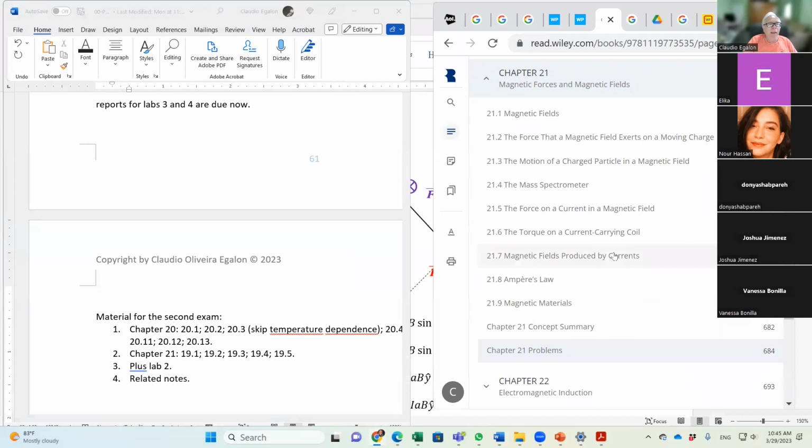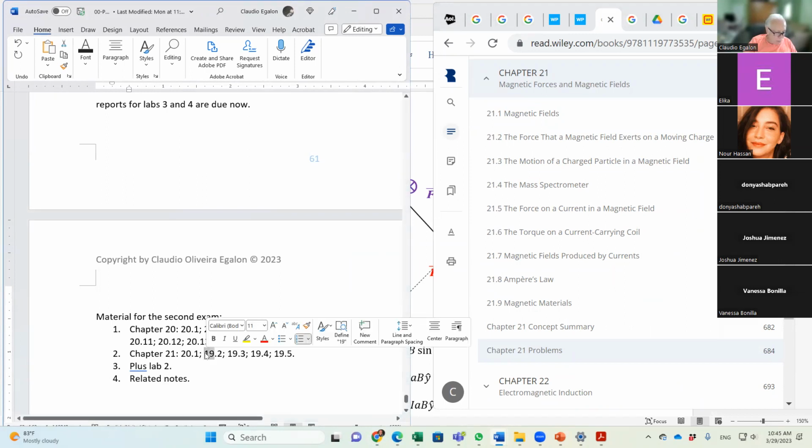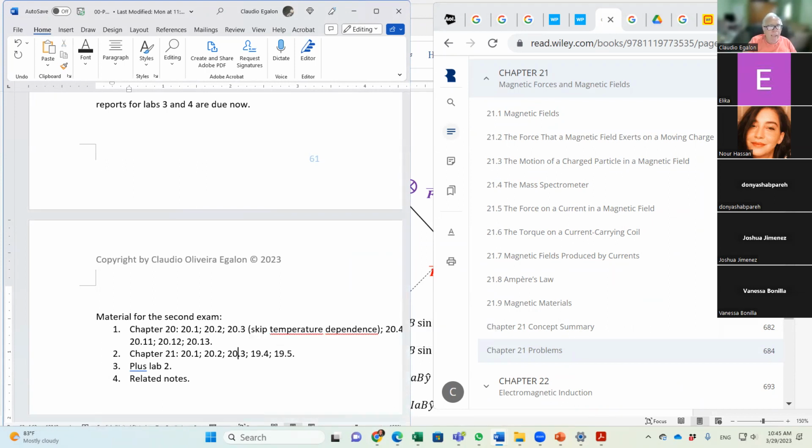Now, what about here? Magnetic force and magnetic field, right? 20.1, 20.2, 20.3, 20.4. Yeah, we did talk about the mass spectrometer. We have the mass spectrometer and the velocity selector.